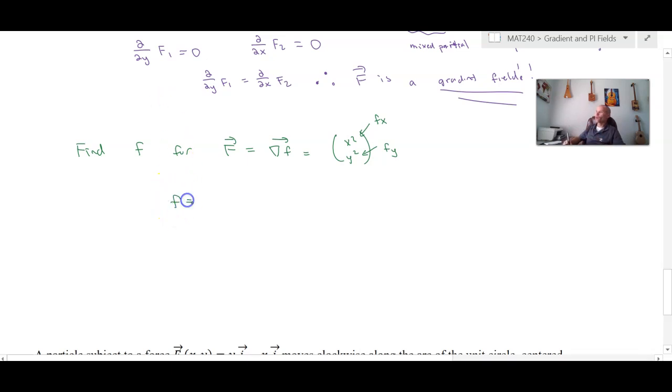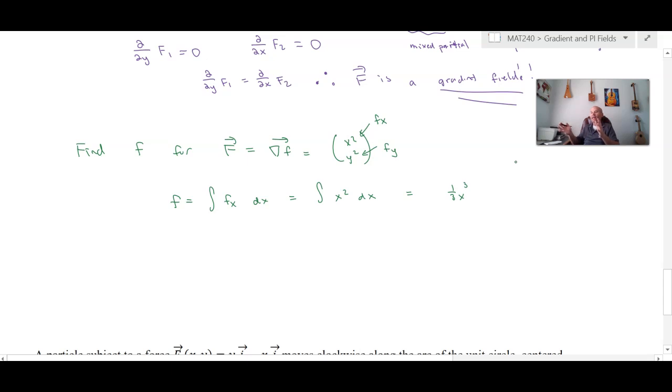Well, f is going to equal the integral of f sub x with respect to x, right? Because this is already the derivative of that function. So now to figure out what that function was, we have to take the integral of it. So let me take the integral of x squared dx. Well, that's going to be 1/3 x cubed, and normally we would write plus c at this point.